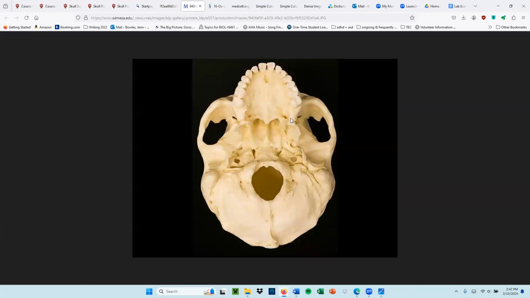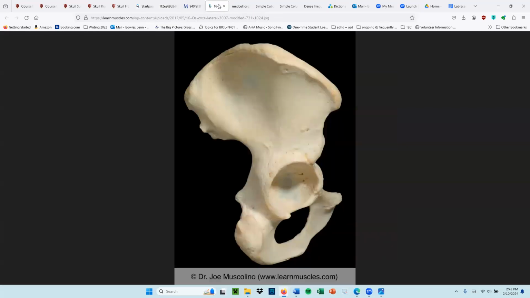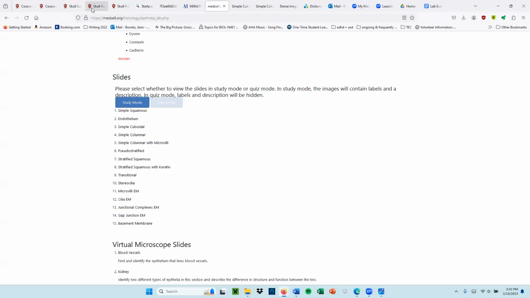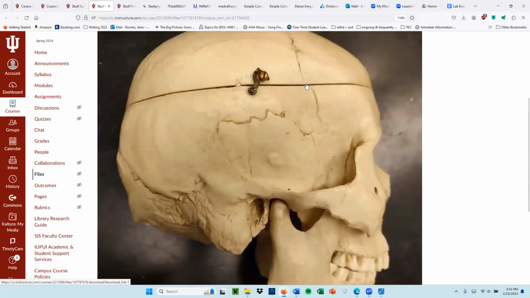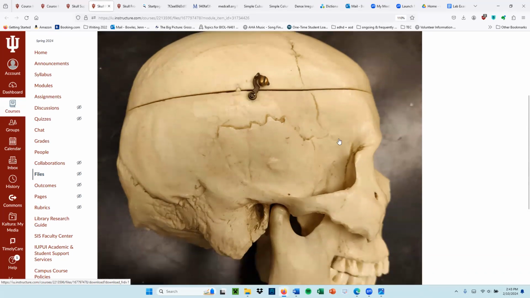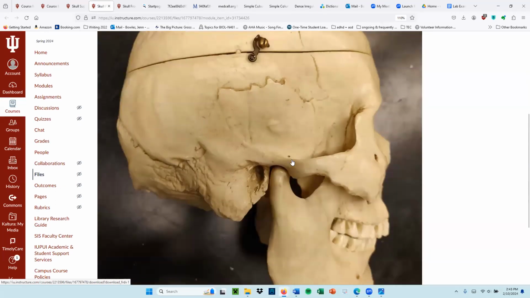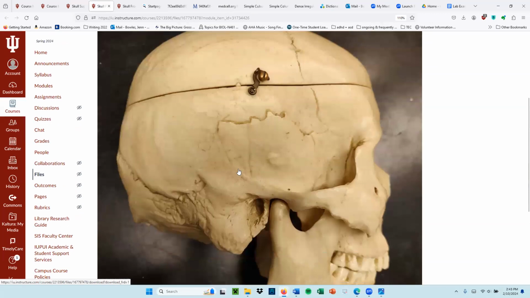Last view is the inferior view. So I'm not going to go over, I mean, we can if you want to, but I was not planning to go over things like our sutures. So I'll just mention this, we can ask questions from this exterior view of things like the sutures, the bones of the cranium, some of the bones of the face. Again, in the interest of fairness, I will only ask questions about things that are easy to tell apart.